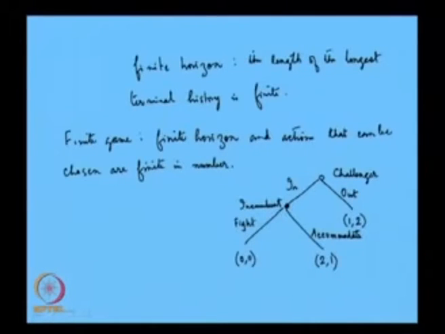What are the actions that will be taken? What is the terminal history that is going to come out of the game? If we examine the game carefully, it stands to reason that the solution will be the following: the challenger gets in and the incumbent does not fight, the incumbent accommodates.